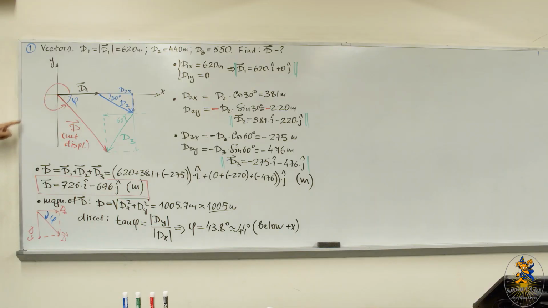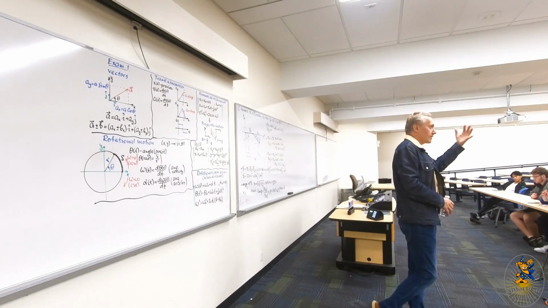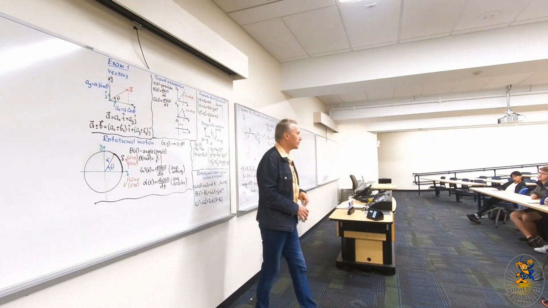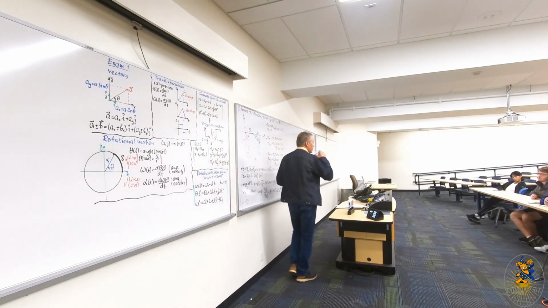If your vector is here, and if you measure this angle, then of course it will be below minus x-axis. Or to the left from minus y, or something like that, right? Or clockwise, counterclockwise from a certain axis, right? So just explain. Reasonable logical explanations.